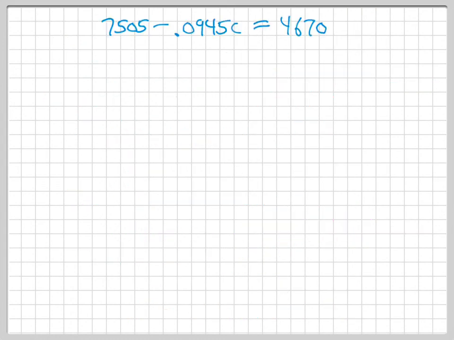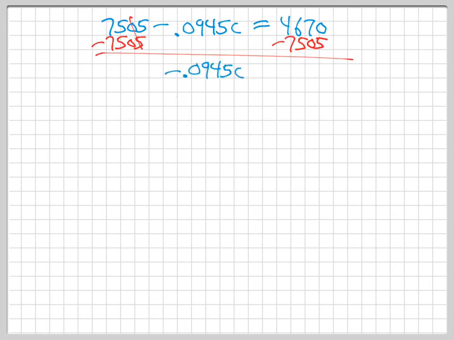Okay, here we are on the next page. Let's solve for C. Subtract 7505 from both sides. And we get minus 0.0945C is 4670 minus 7505. We get a minus 2835.